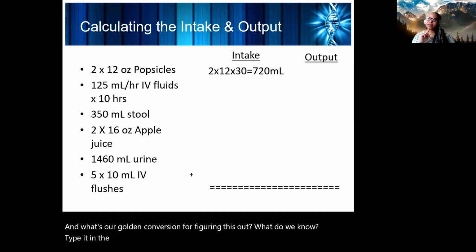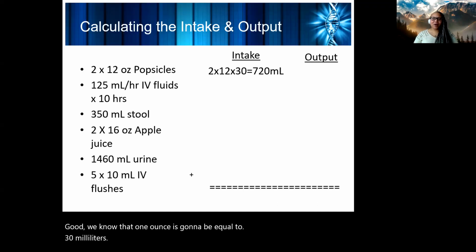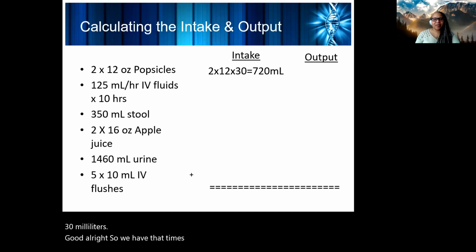What's going to help us? Good. We know that 1 ounce is going to be equal to 30 milliliters. Good. All right. So we have that times 2, and that gives us 720 milliliters.